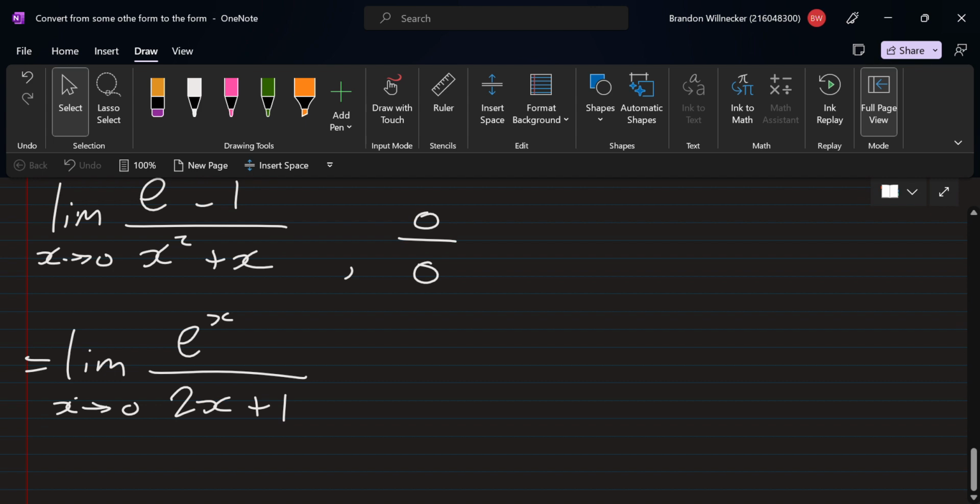If we can do the limit using the limit laws that you learned previously, then just do that. If you can't, again we look for L'Hopital's rule. As x goes to 0, e to the x will go to 1. In the bottom, as x goes to 0, the bottom part goes to 1. We have 1 over 1. That's not indeterminate, that's just 1. So that is the value.